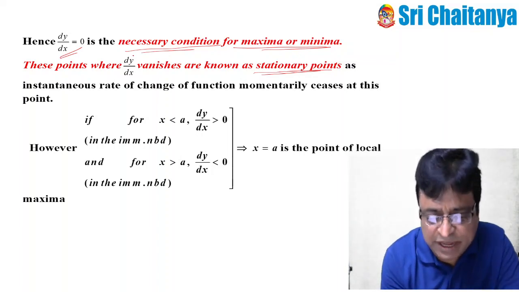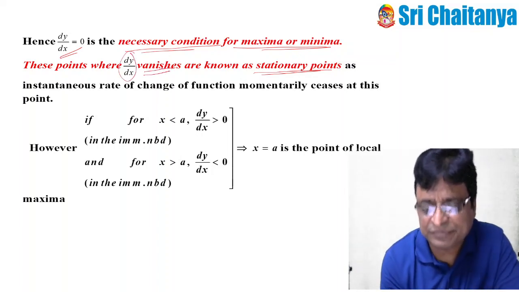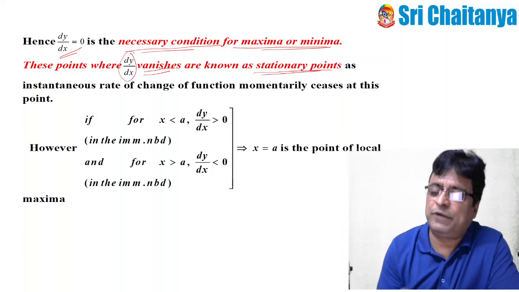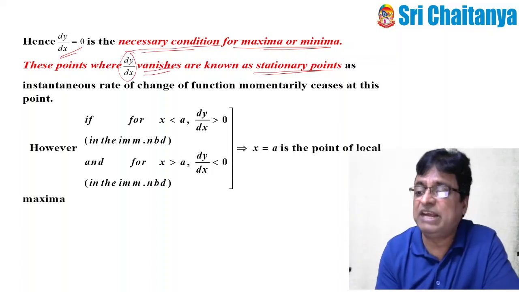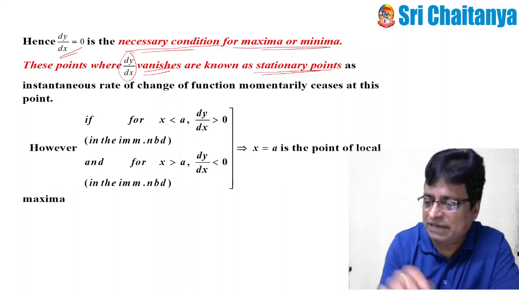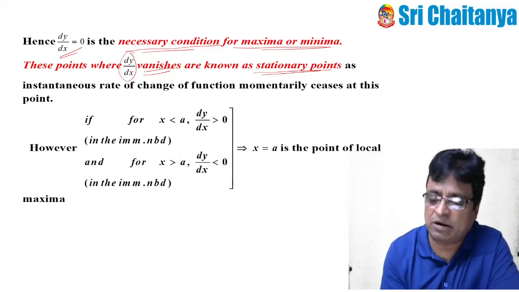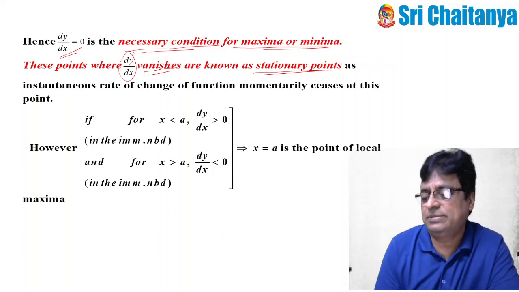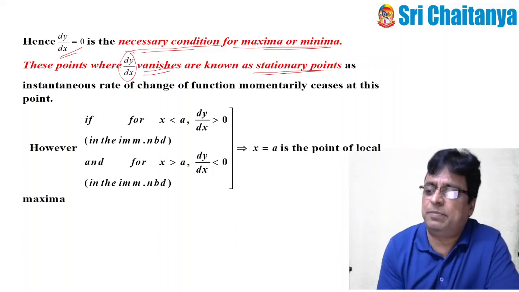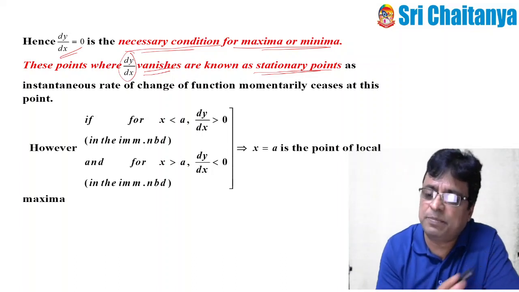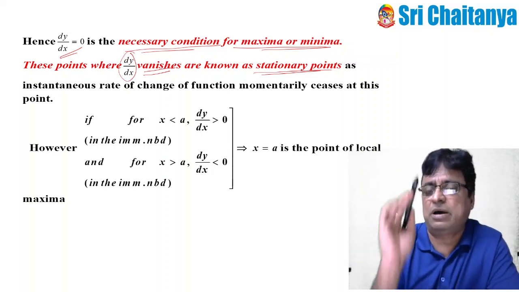And the points where dy by dx vanishes: to find maxima or minima, what are we doing? We are finding dy by dx and equating it to 0. The points where dy by dx becomes 0 are called stationary points. So maxima and minima points are called stationary points, but all stationary points need not be maxima or minima.